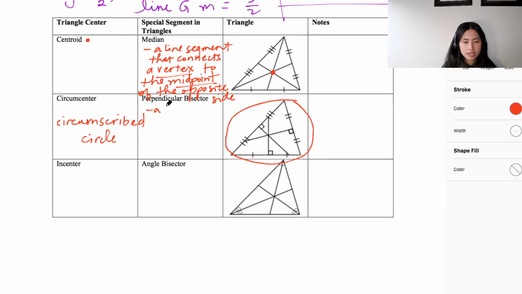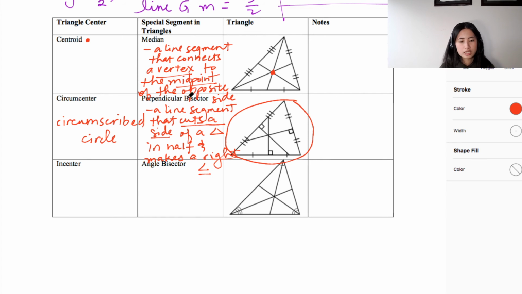So it's a line segment that cuts a side of a triangle in half and makes a right angle. So it's really important to remember that we're talking about right angles because that's what a perpendicular bisector does.